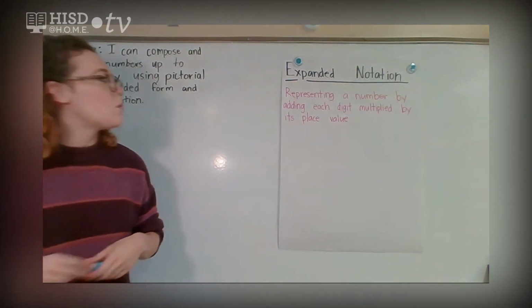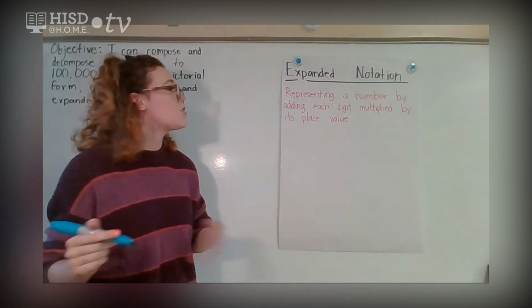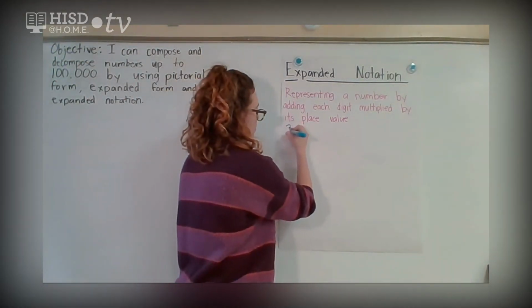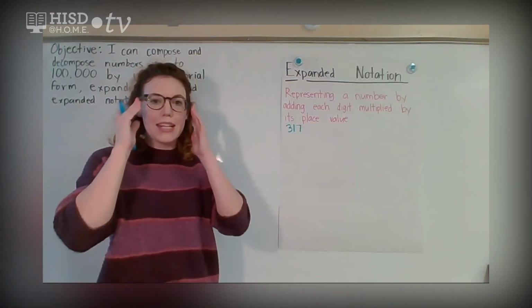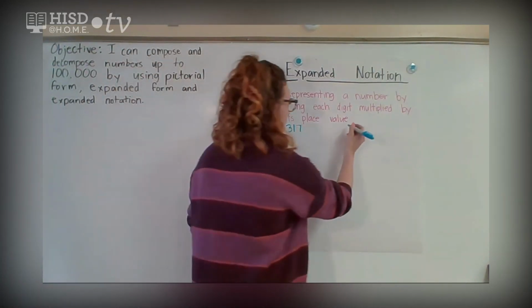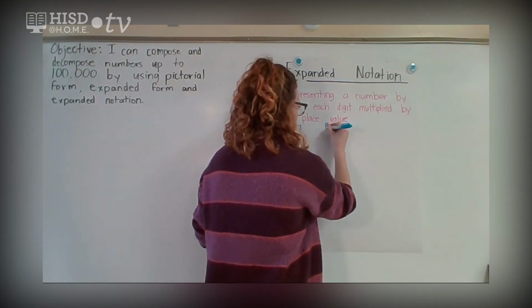So what we do is, let's come up with a number. Let's use the same number we used the first time, 317. I'm going to put it in a place value chart to help me break it apart. I have my ones, tens, hundreds.